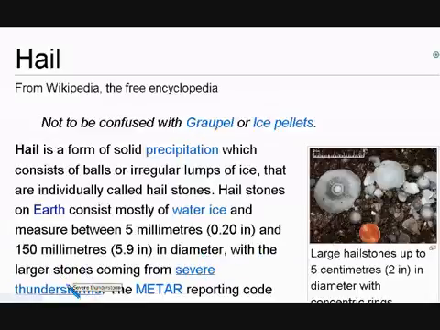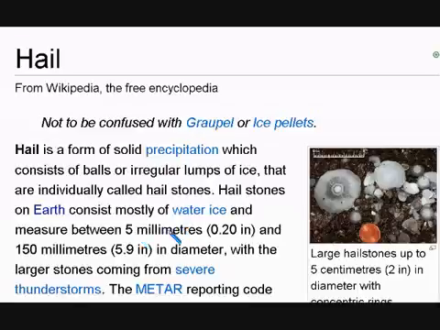thunderstorms. Severe thunderstorms are really bad weather where you have lots of clouds, thunder, lightning, rain. Those are all severe thunderstorms. Severe just means very bad, right? You could have a severe injury. You could be severely hurt if you are in a car crash and you have to go to the hospital.